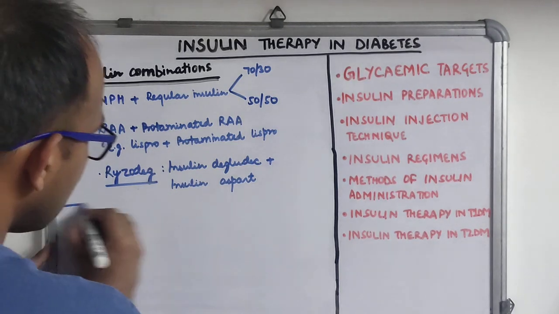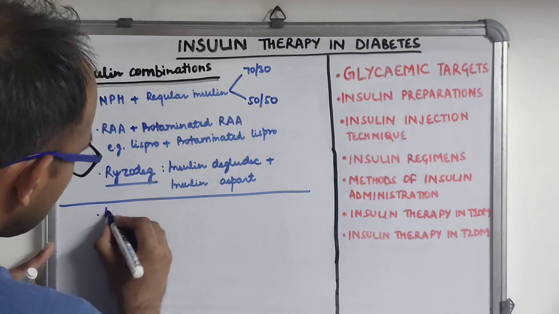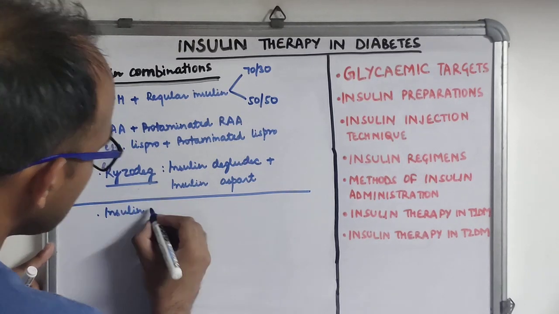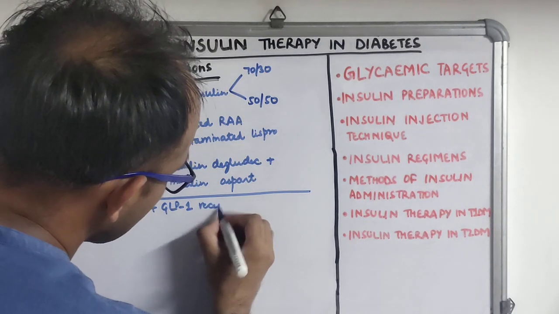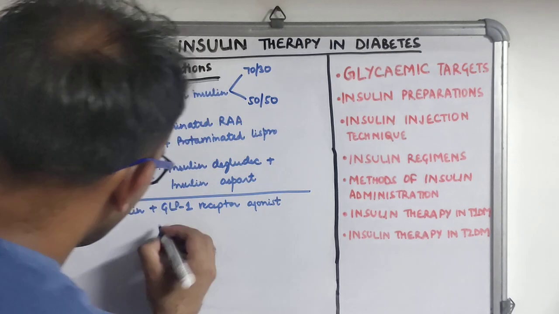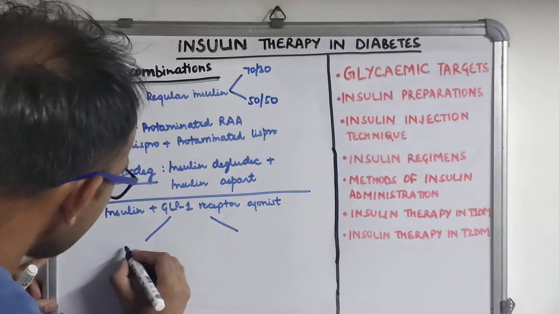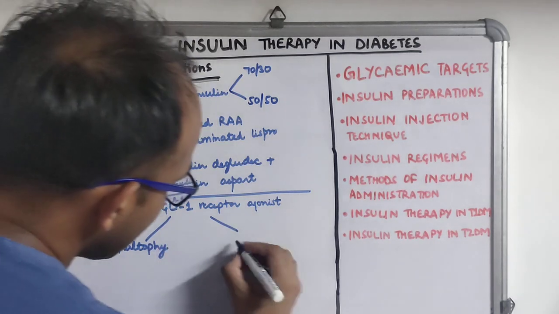Now let me tell you about the combination injectable therapy. That means insulin plus GLP-1 receptor agonist. The two common ones are Xultophy and the other one is Soliqua.